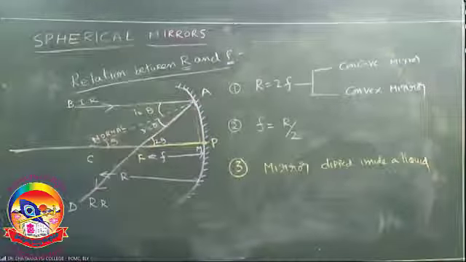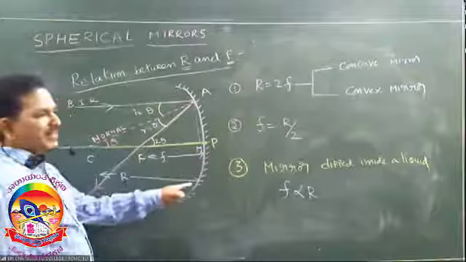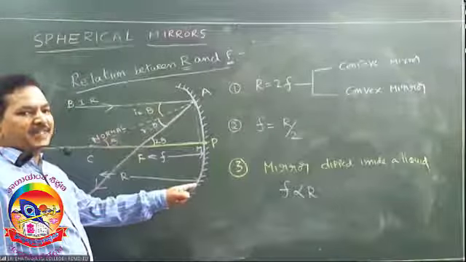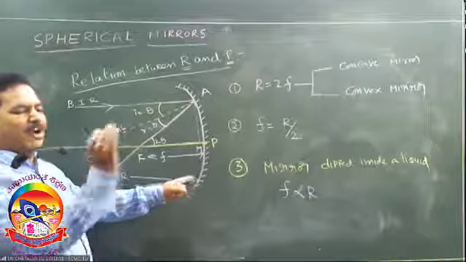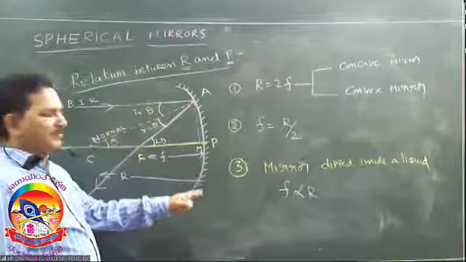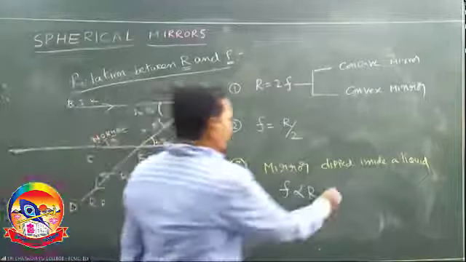Focal length is independent of wavelength. Here there is no lambda. Whenever the mirror is dipped inside a liquid, F depends only on R, the radius of curvature. If the mirror is dipped inside a liquid, the radius of curvature will not change. It will not bend. It will be the same. Since the radius of curvature remains the same, the F value also remains the same.